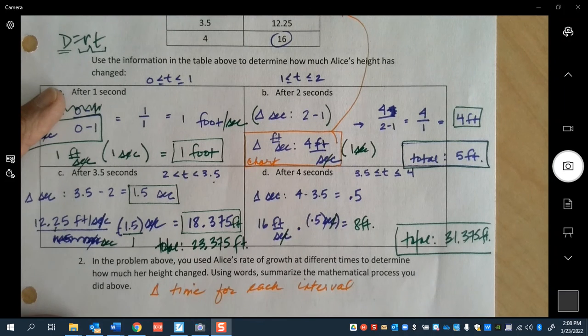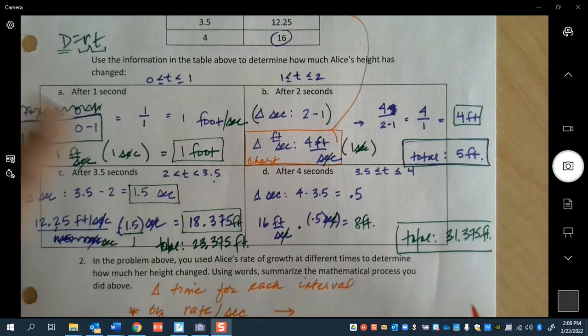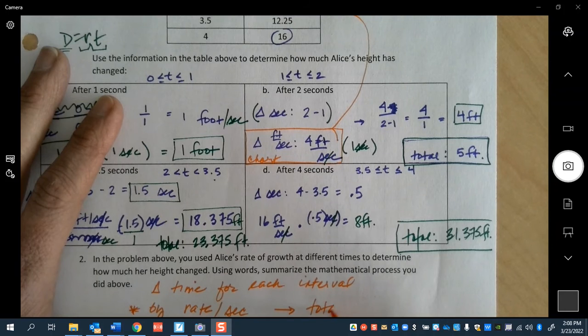And then you went ahead and you multiplied that by the rate per second, and that's what gave you her total height for each interval.